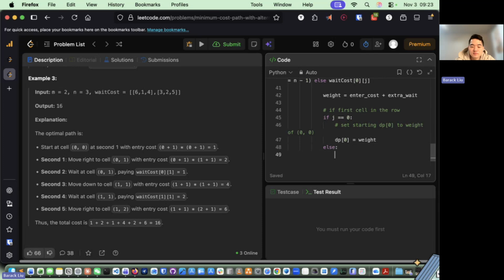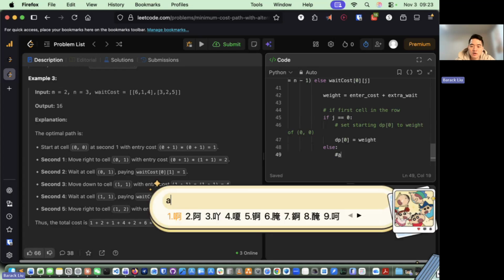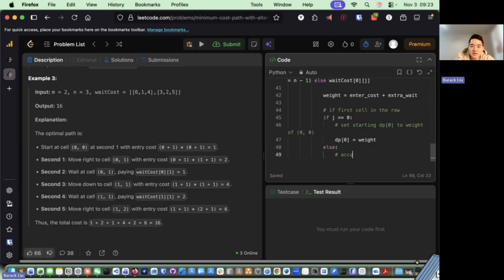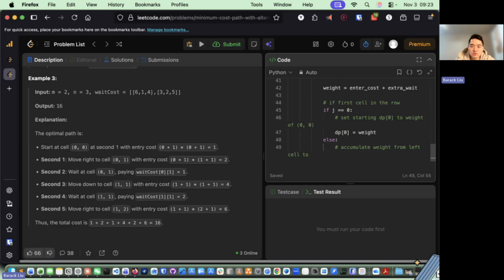Else, right? If not, then we need to accumulate weight from left cell to our destination, right? So if not, we will accumulate weight from left cell to our destination. Correct.